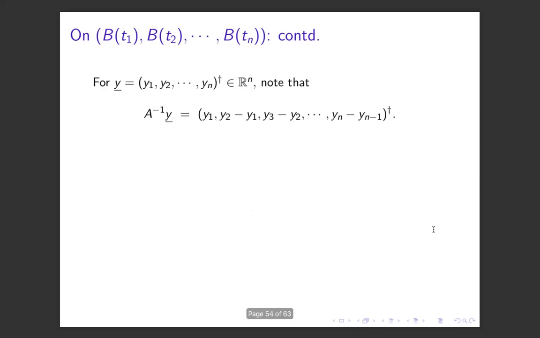All right. Now take a lowercase y bar, so that (y1, y2, ..., yn) transpose is a point in Rn.